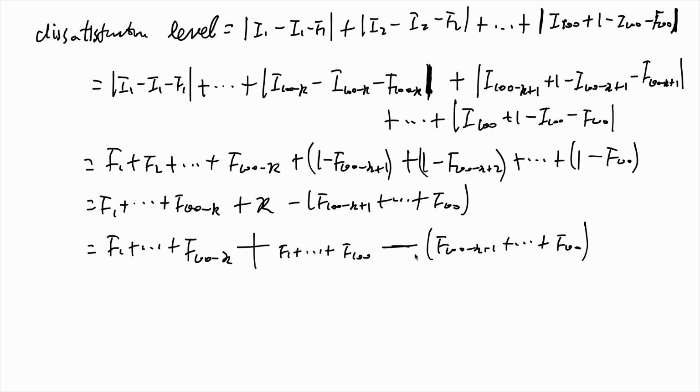So these parts cancel. So we have 2 times f of 1 plus. Yes, and this is our dissatisfaction level until now.